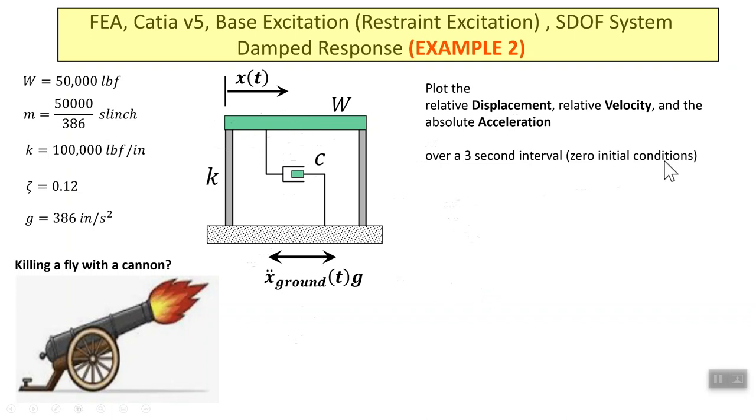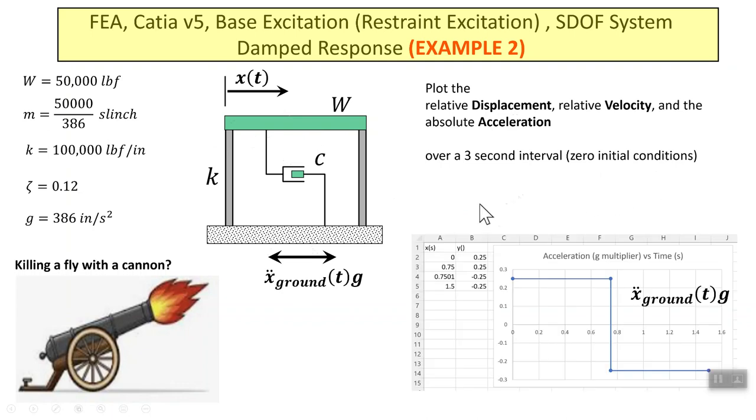Now, this is to be done over a 3-second interval with zero initial condition. And in order to do this, obviously, we need to describe a modulation which describes the acceleration of the base. So I need an Excel spreadsheet with this data, which represents this step function.